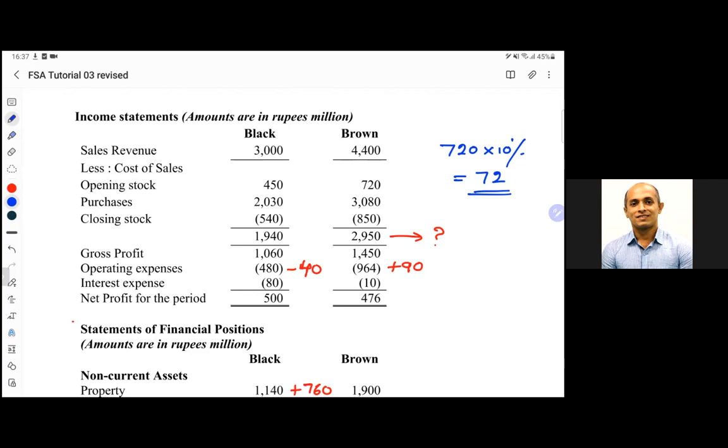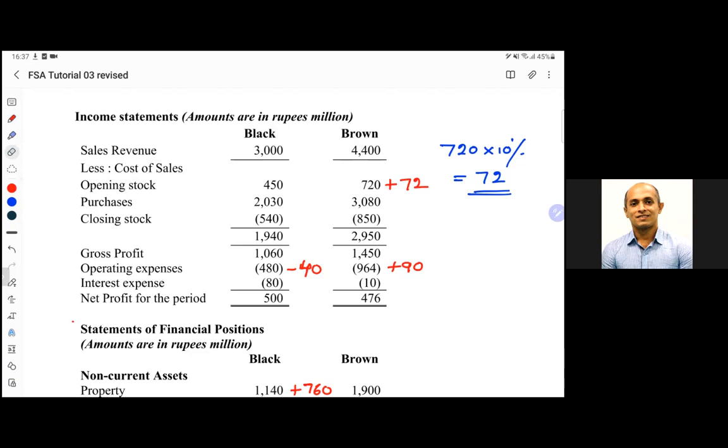Therefore, last year's price is 10% lower than the current year's price. So the price adjustment is 72. Then you need to increase the opening stock value by 72. When opening stock value increases, cost of sales increases by 72.